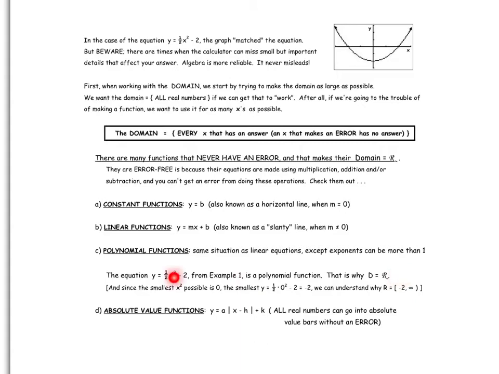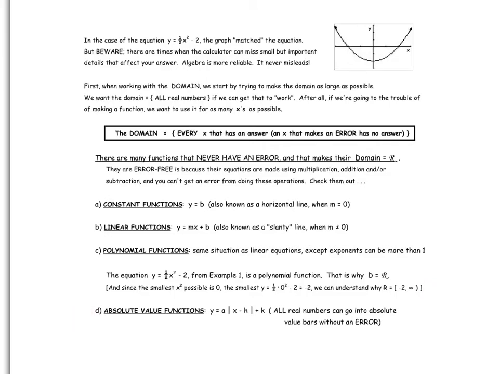There's no number in the real number system that you can square and get an error. You can divide it by the number 2 and you can take away 2 and you will get an answer every time. And since the smallest x squared we could possibly make is 0, and the smallest y becomes 0 squared divided by 2 minus 2, which is -2, we can understand why the range goes from -2 to infinity.